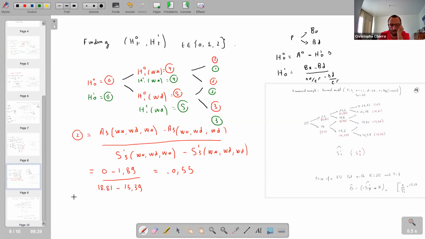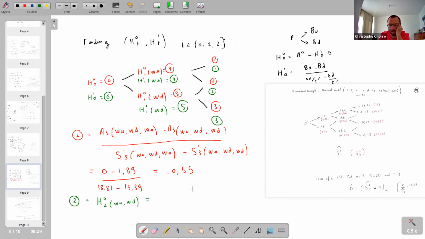To obtain the quantity of non-risky asset corresponding to this one, what is this equal to? It is equal to H0^2(WU, WD).